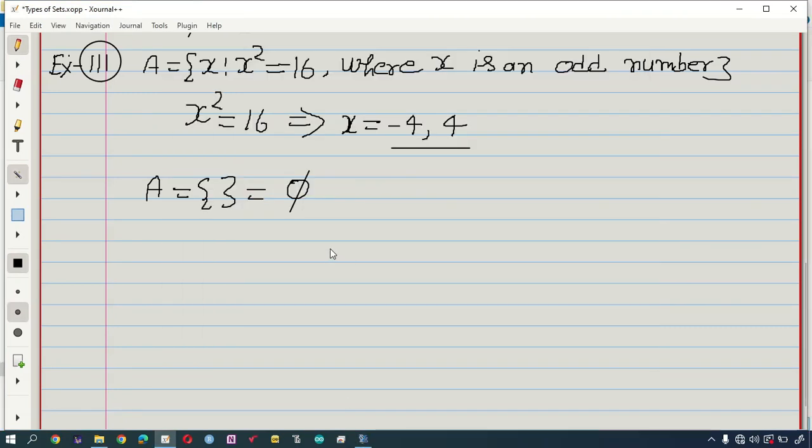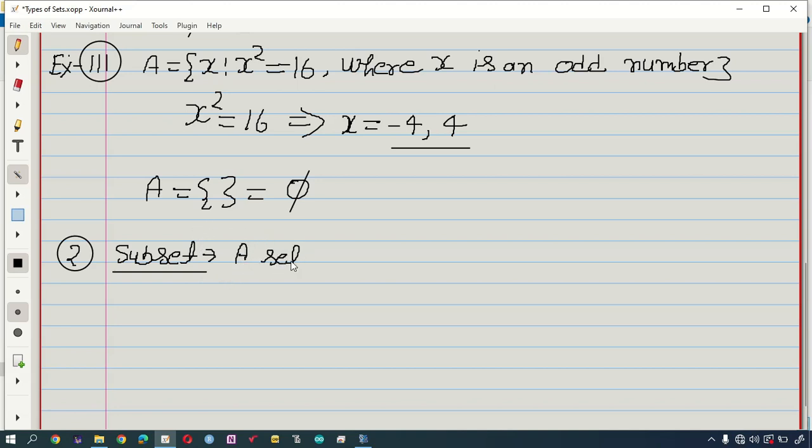Now let us understand about subset. So first of all, I am going to write the definition of subsets. First of all, understand the definition.